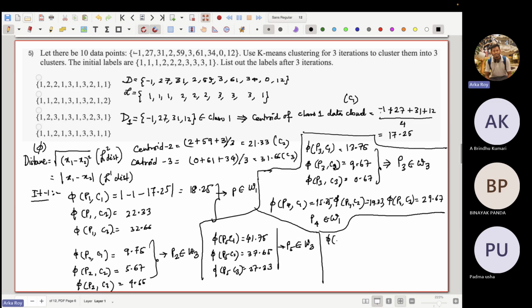Then the next one, P6 C1, P6 C2, P6 C3, which is equal to 14.25, 18.33, 28.67, which says that P6 belongs to omega 1.